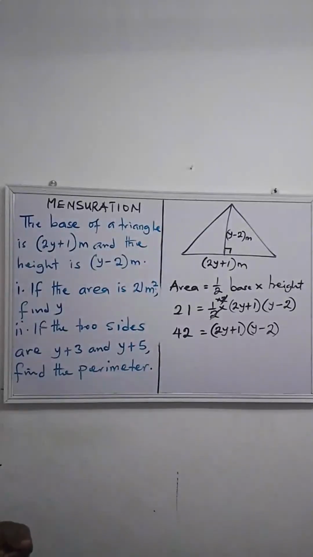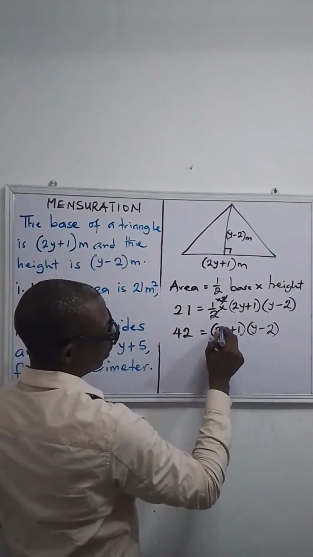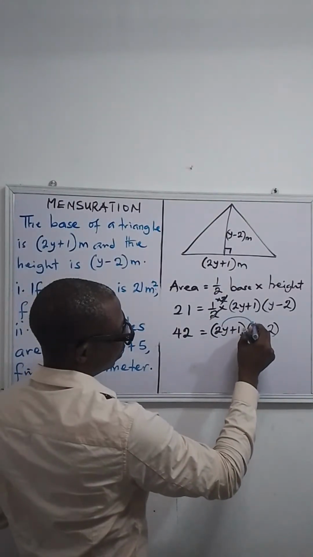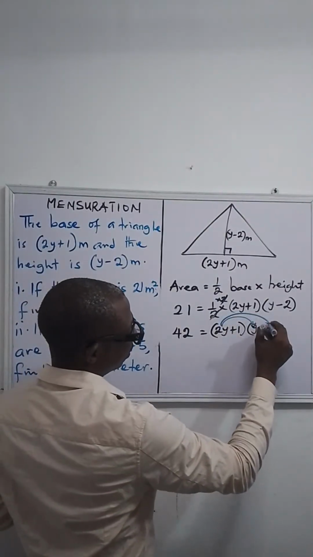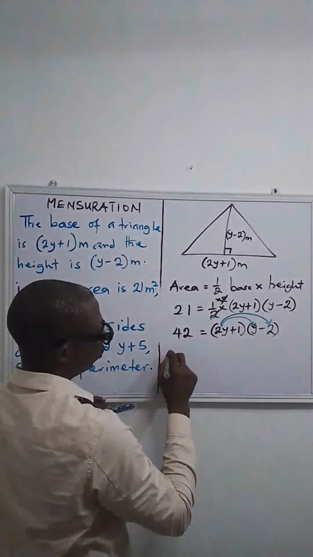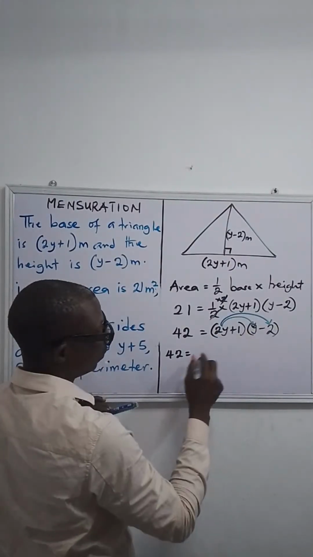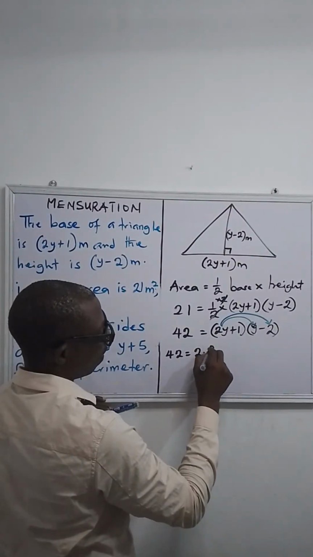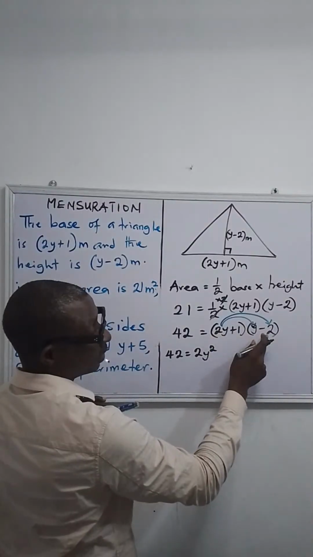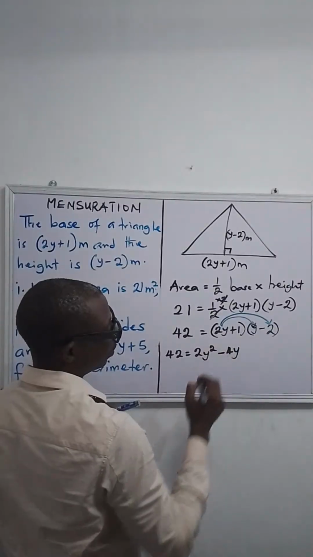Okay, so the next thing is to expand this. Now, how do we expand? This multiplies this and also multiplies this. So we have 42 equals, now 2y times y gives you 2y squared. 2y times negative 2 gives you negative 4y.